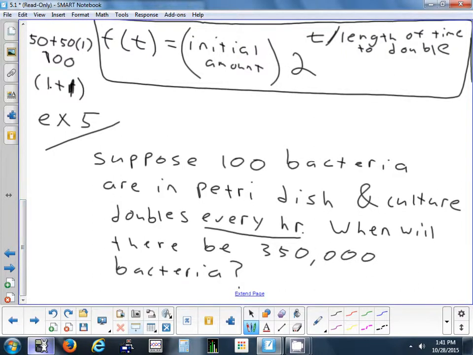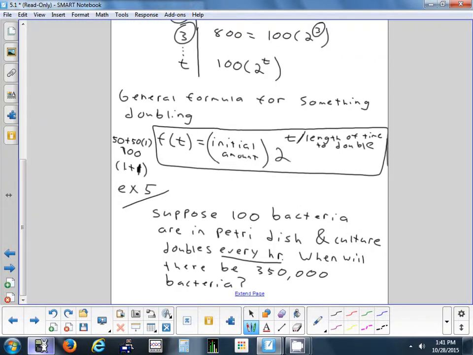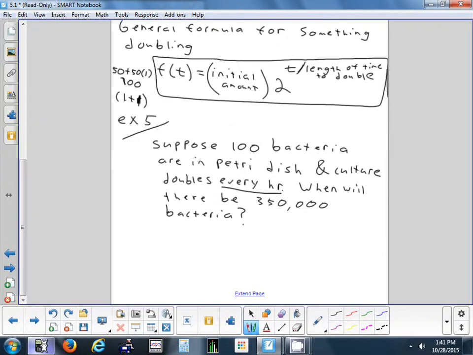Right. So what's my formula for this one? Let's write our amount as a function of time. Can you start me off, Heaven? What's my initial amount? Yep, 100. And then that's times what?